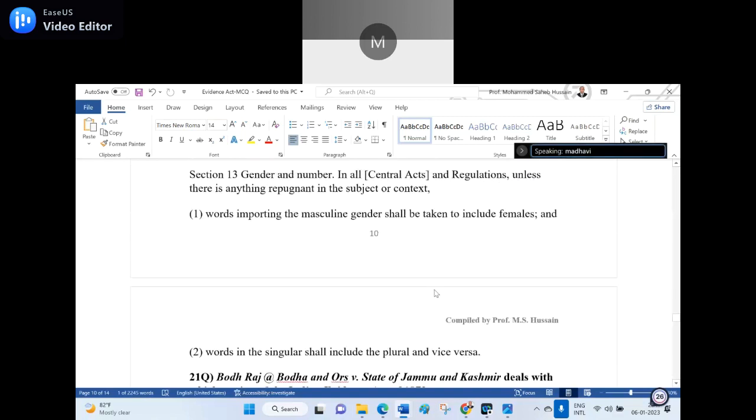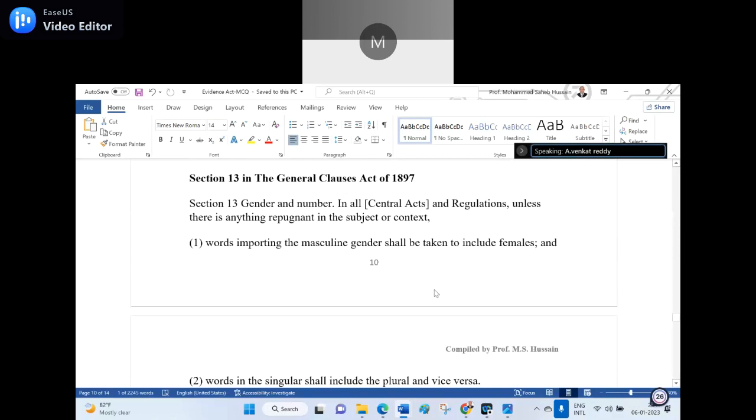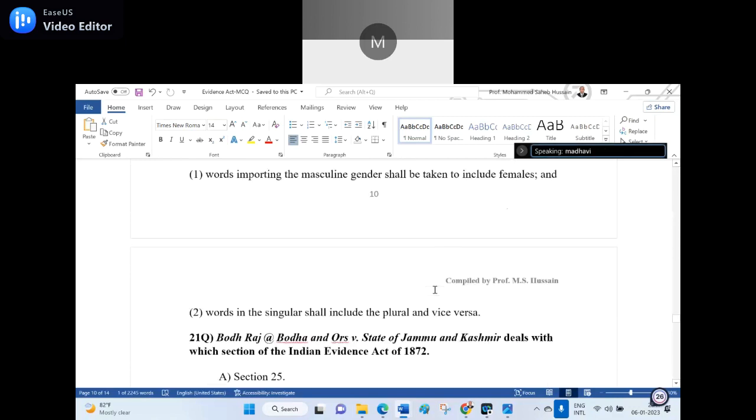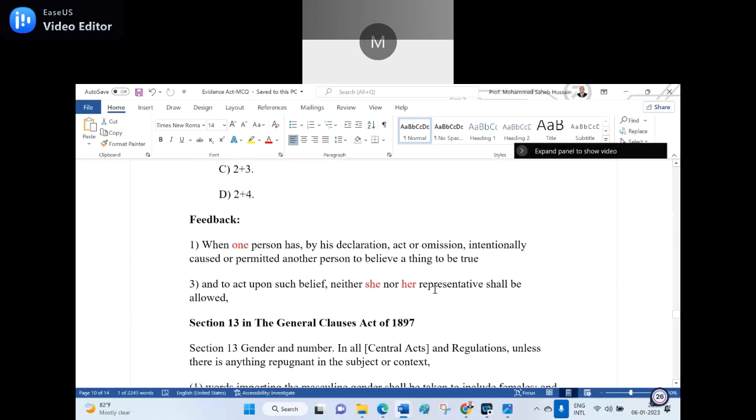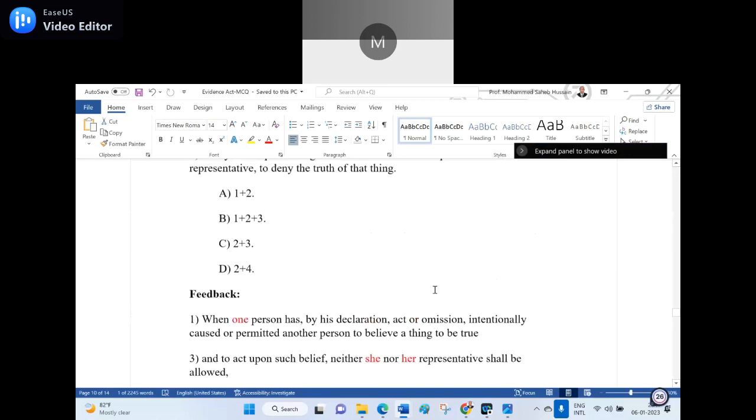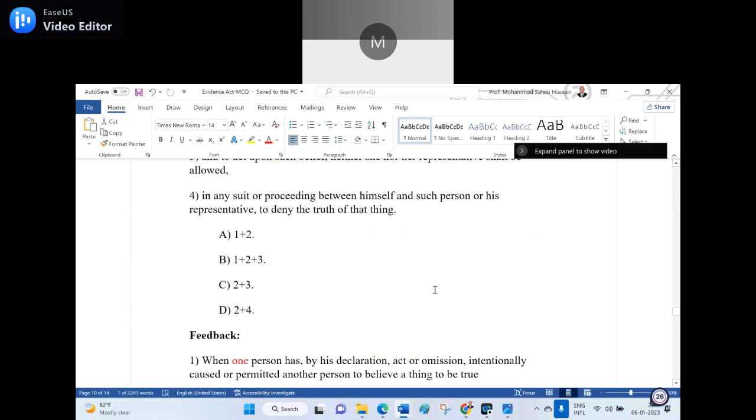So 1 is wrong, and 3 is not wrong. So 2 plus 4 is the right answer. Is it clear? Yes, sir.